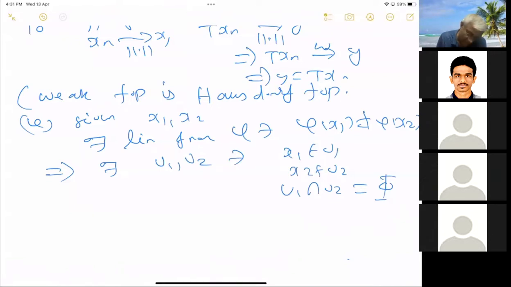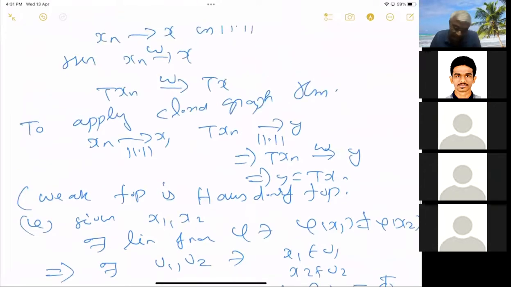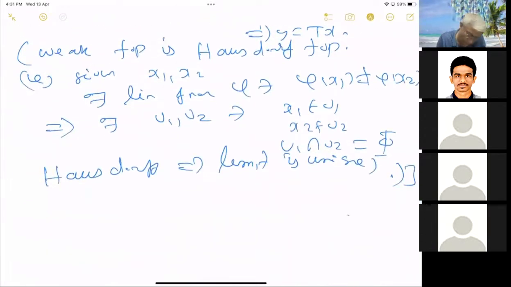So a Hausdorff topology implies the limit is unique. So because of this, if Tx_n converges to y, then y should be equal to Tx. So by the closed graph theorem, this is norm continuous. And the theorem is proved, the proposition is proved.